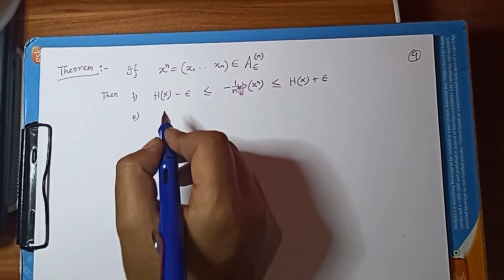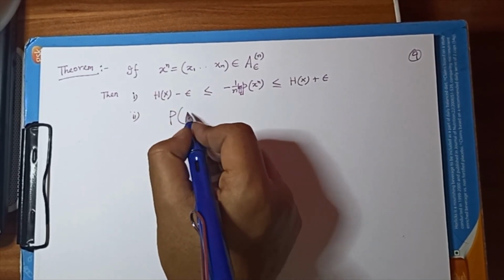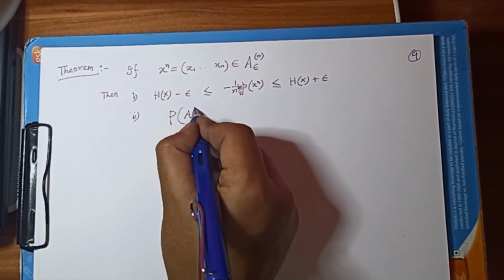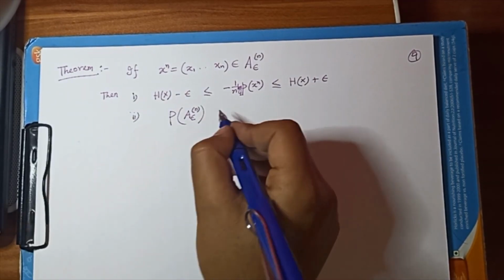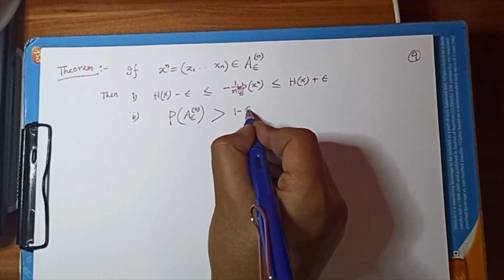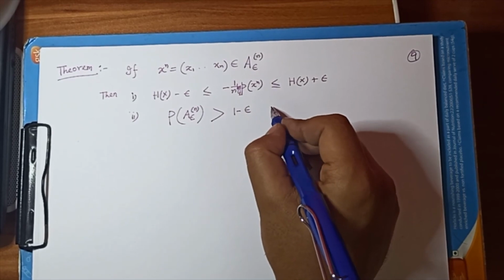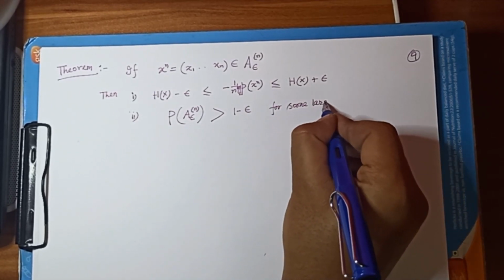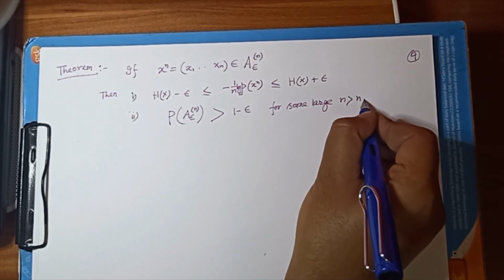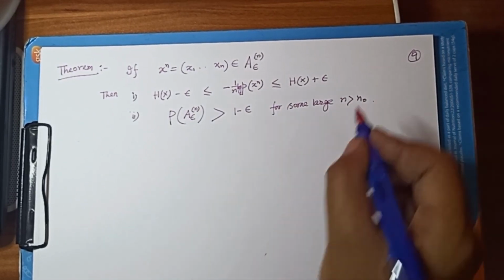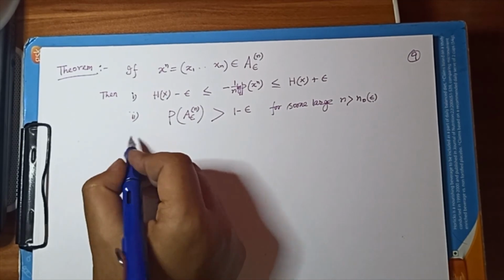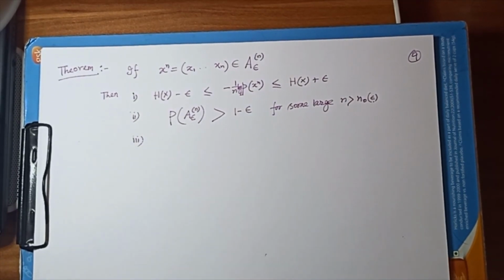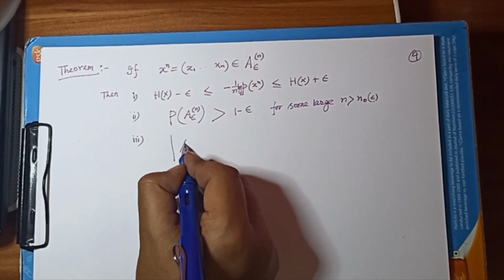Second is important: the probability of the entire typical set is greater than 1 minus epsilon for some large n greater than n0 epsilon. Number 3 is the cardinality of the set.